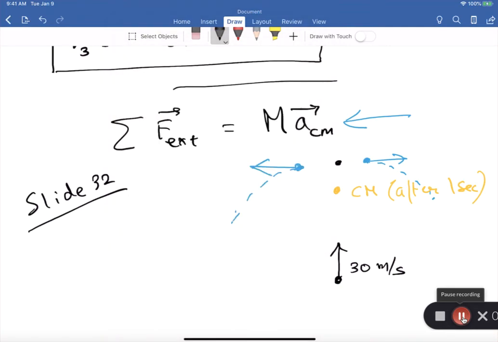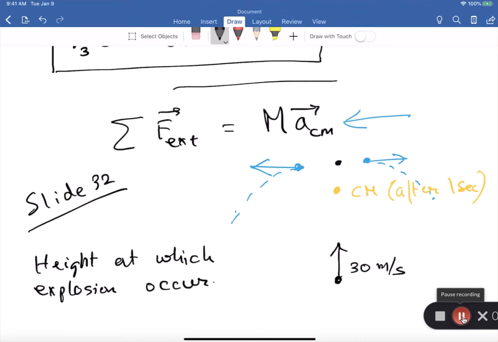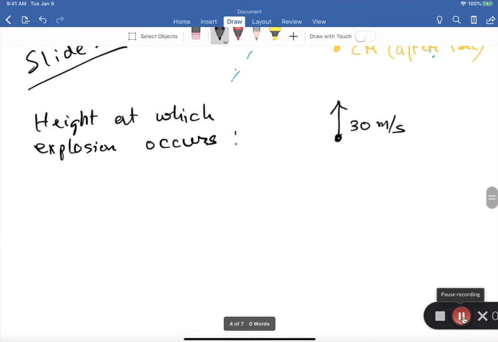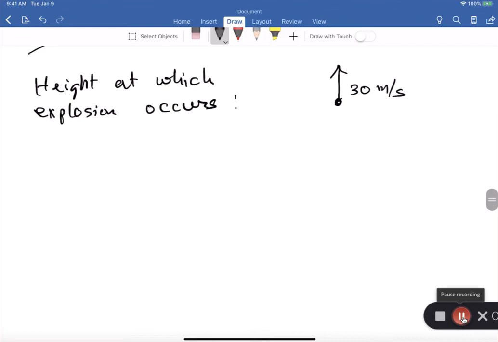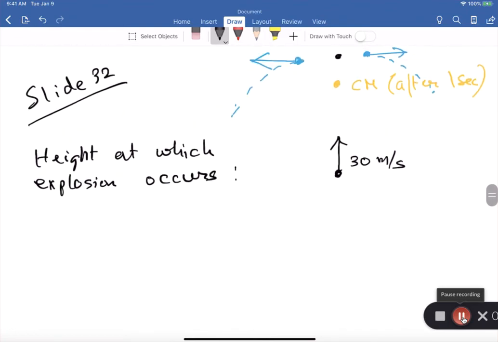So we'll first find the height at which the explosion happens. To do that, we'll use the third kinematic equation, which is V final squared equals V initial squared minus 2g times (Y final minus Y initial).